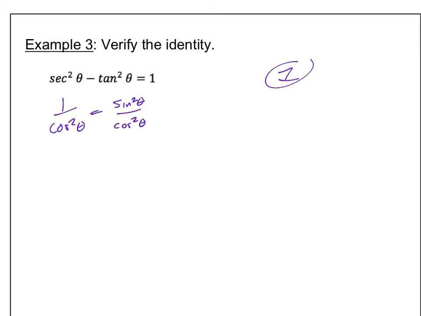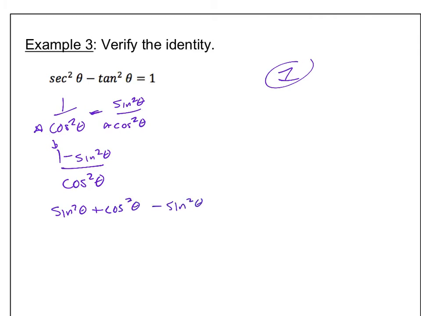Well, if I look, cosine squared here and here, I've got a common denominator, so I can put that into one fraction with the same denominator. Then 1, I can rewrite as sine squared plus cosine squared. And then I have the minus sine squared here, all over cosine squared.